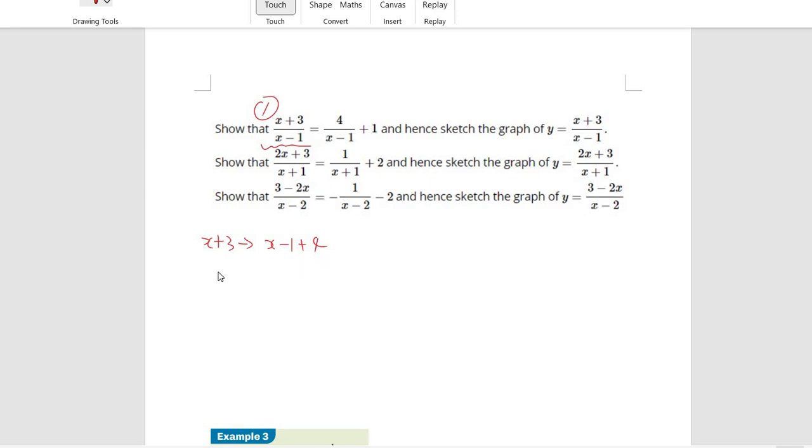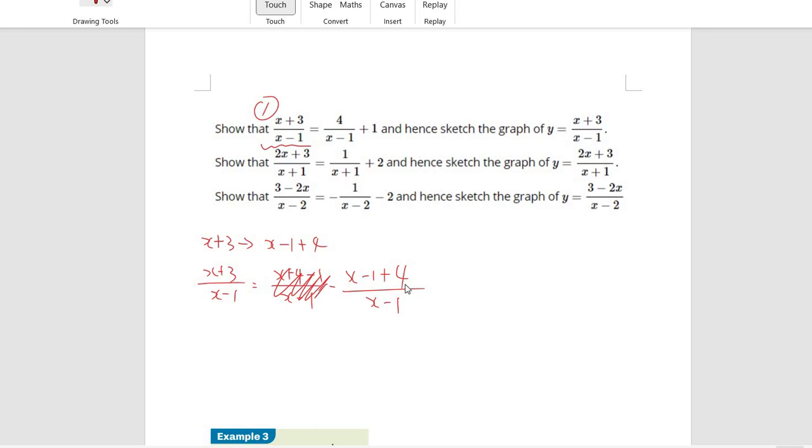If I do that, x plus 3 over x minus 1 becomes x minus 1 plus 4, all over x minus 1. Oh, my bad. So that's x minus 1 plus 4 over x minus 1, right?